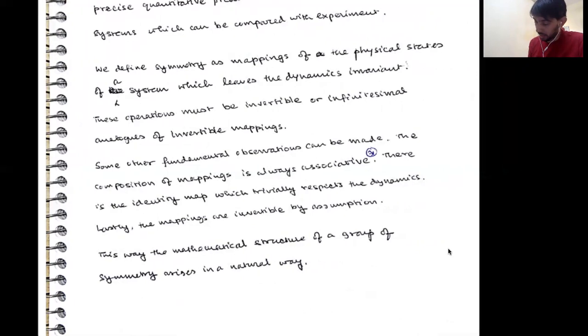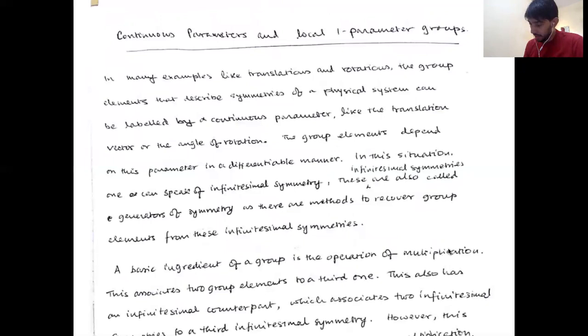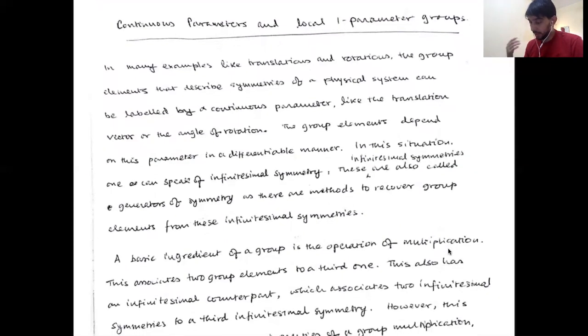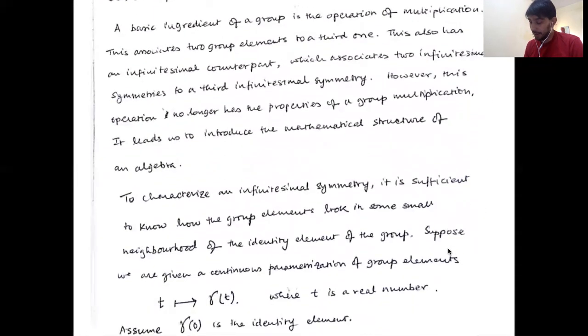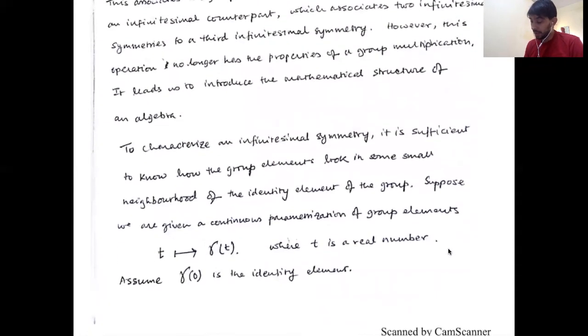So that was what we learned last time around, and we were looking at this continuous parameter, and what we called local one parameter groups, whereby we are looking at a continuous parametrization of group elements.